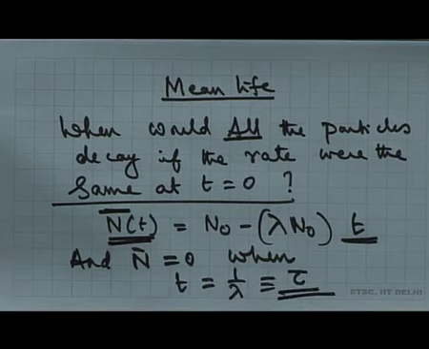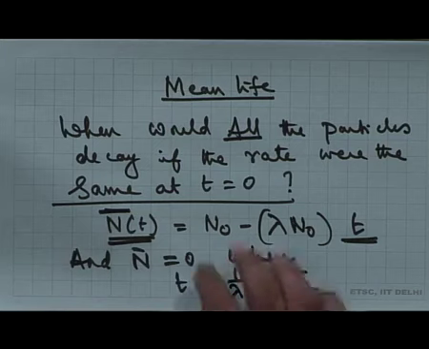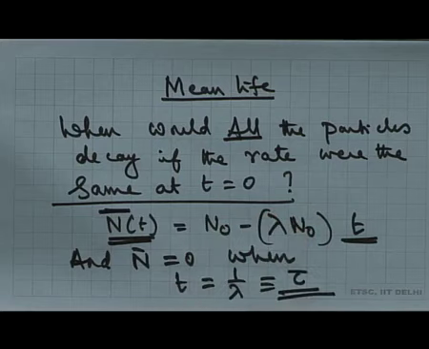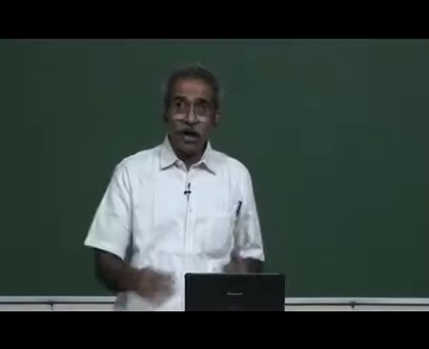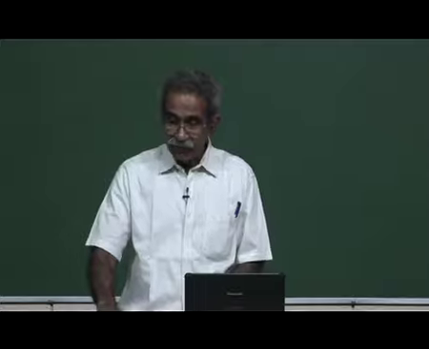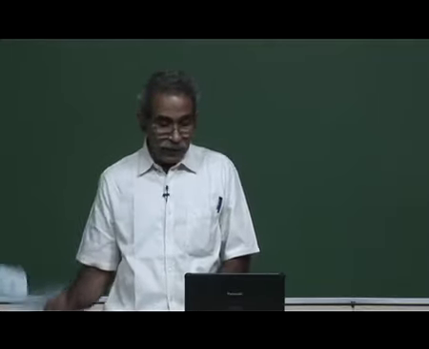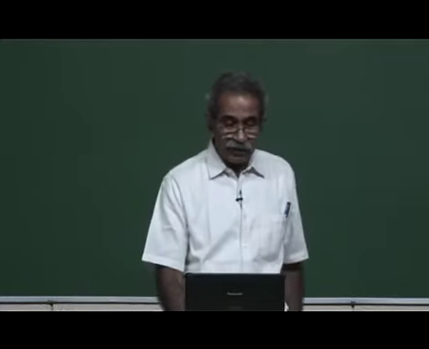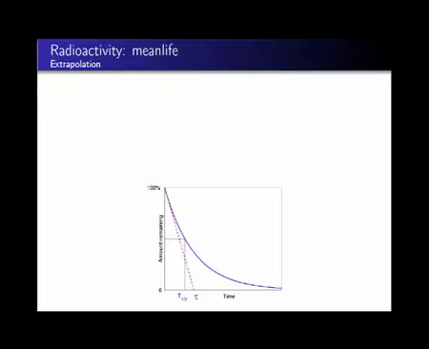That is what we write. Therefore, tau is my mean time, and log 2 by lambda is my half-life, so they differ by a factor of log 2. Obviously, mean lifetime is not a very important concept, but certainly half-life is an extraordinarily important concept, and this figure tells you what it is.